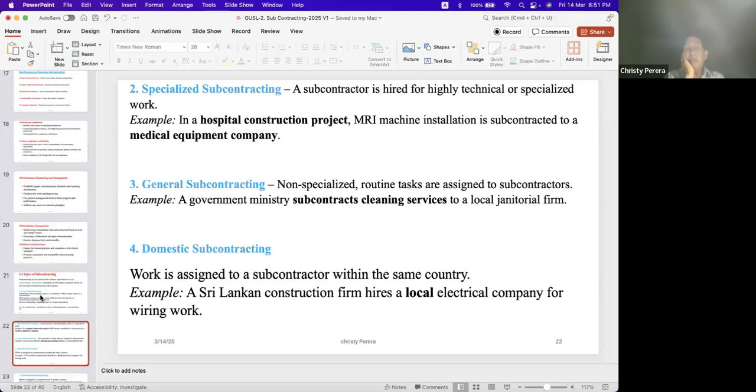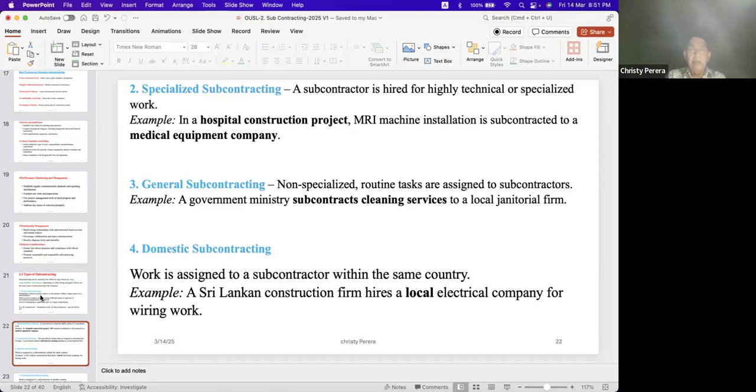It requires very special expertise knowledge to repair that. So they are searching for a person to repair that machine. So they'll have to give it to a subcontractor. Maybe a special problem they face in that machine.